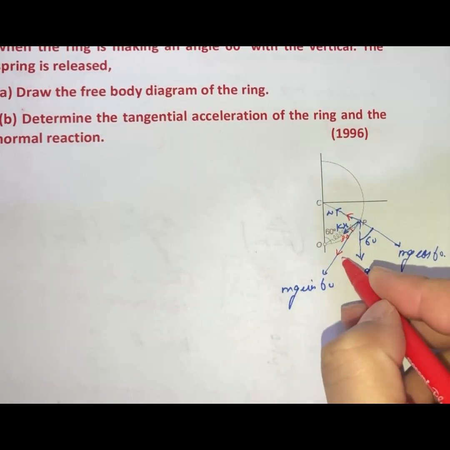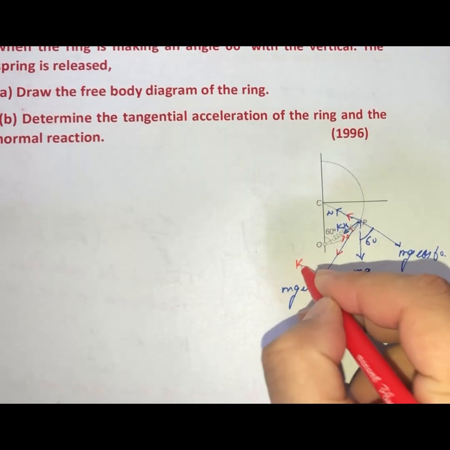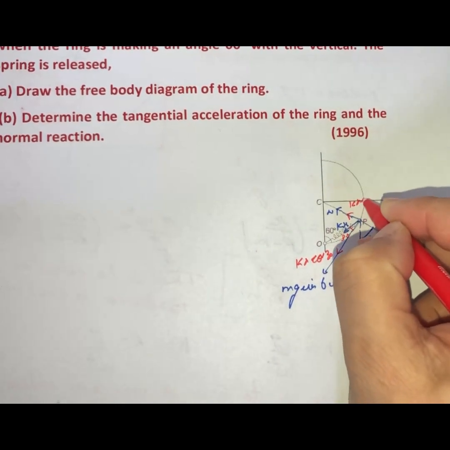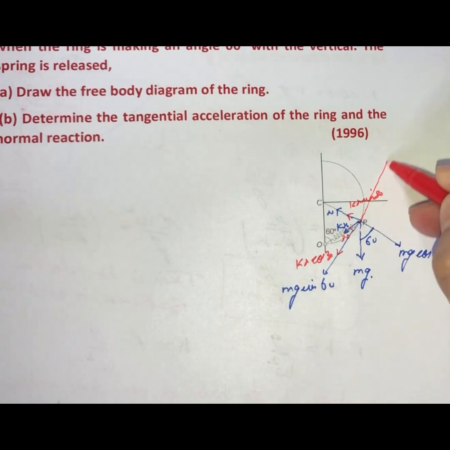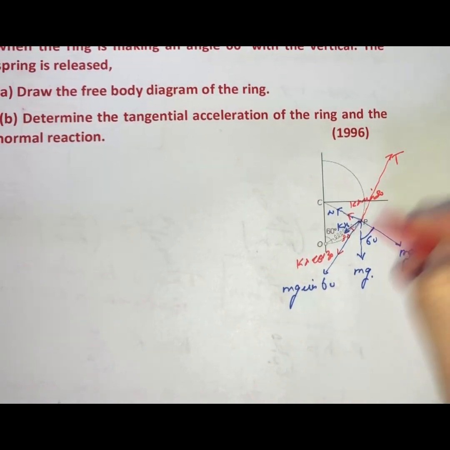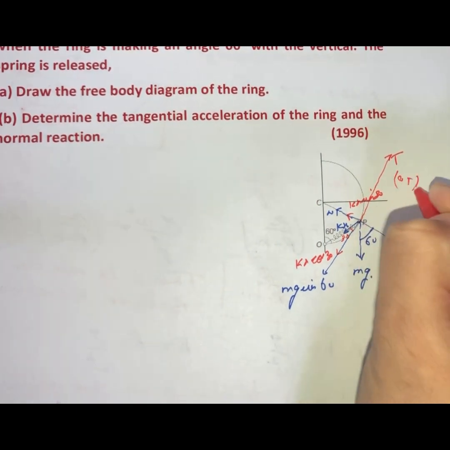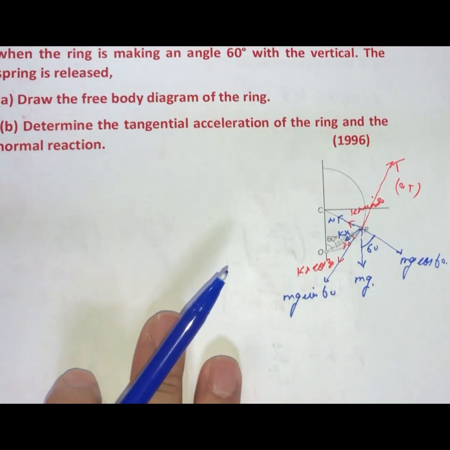So we get this as kx cos of 30, and this we get as kx sine of 30, and this will be the tangential part, along which there will be acceleration a tangential. So this is the free body diagram for part A, and next we are going to find out the tangential acceleration and the normal reaction.